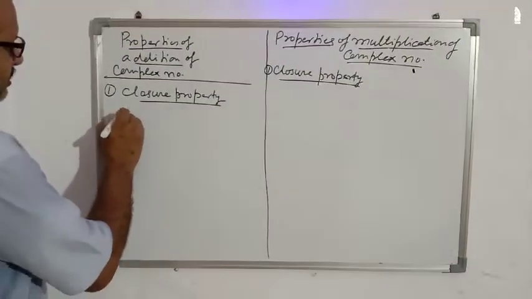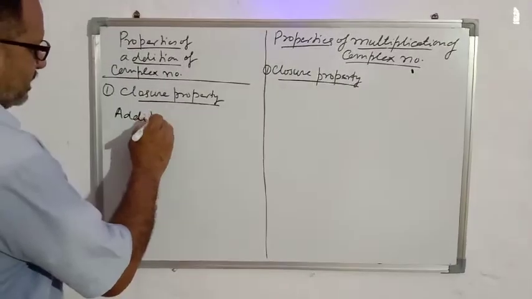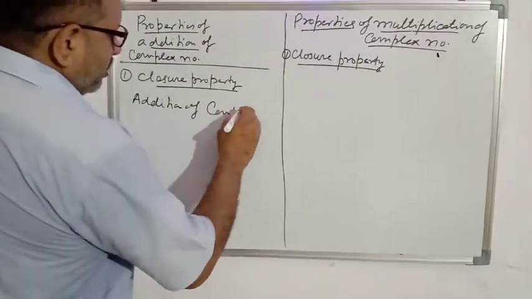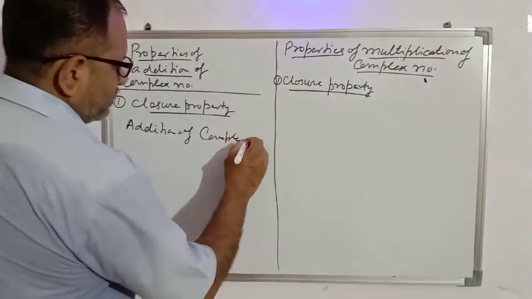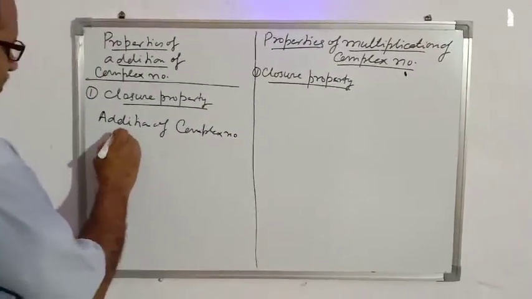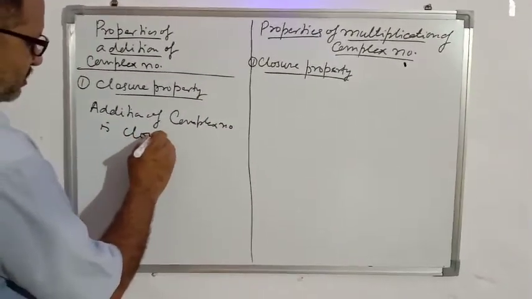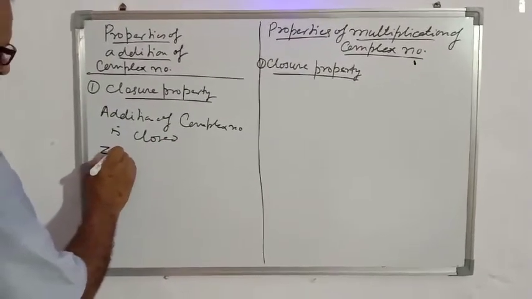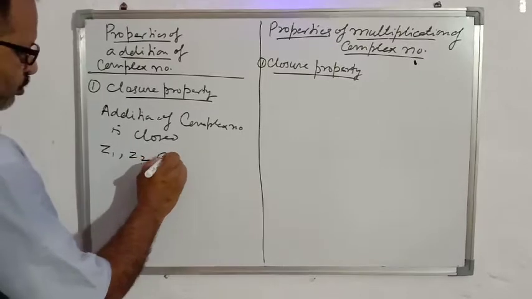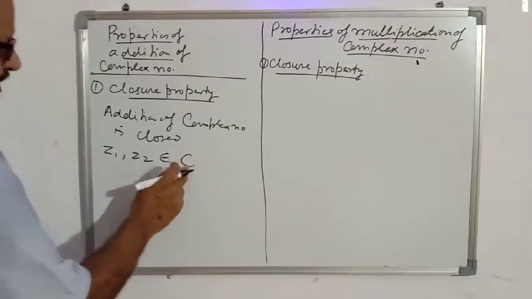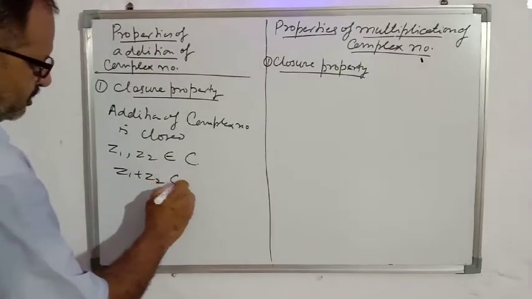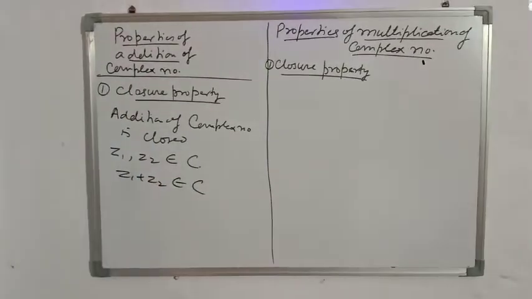So we can write addition of complex numbers is closed. Z1 and Z2 are two complex numbers. C means set of complex numbers. So Z1 plus Z2 is also a complex number.